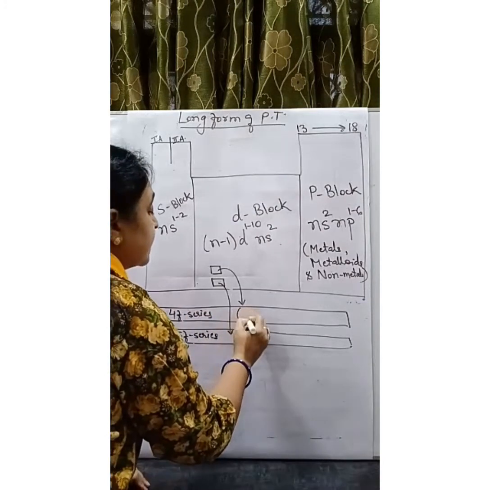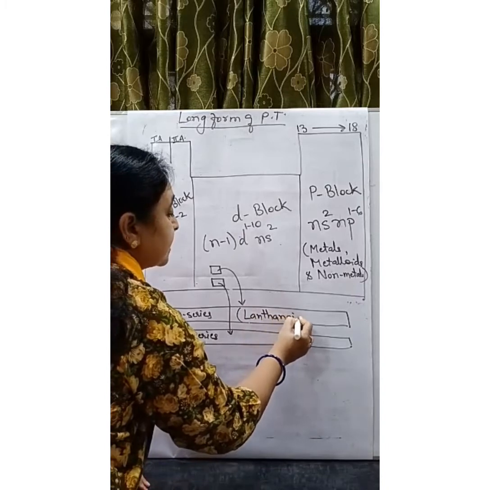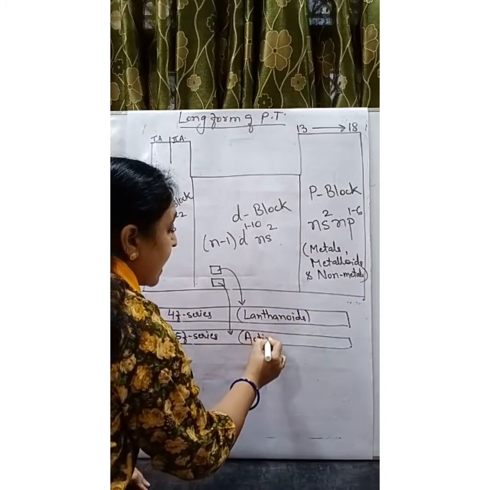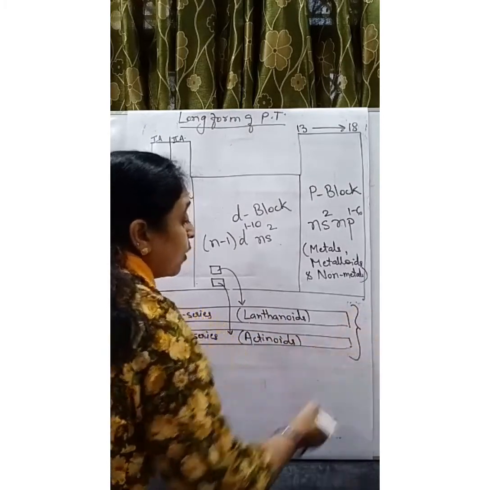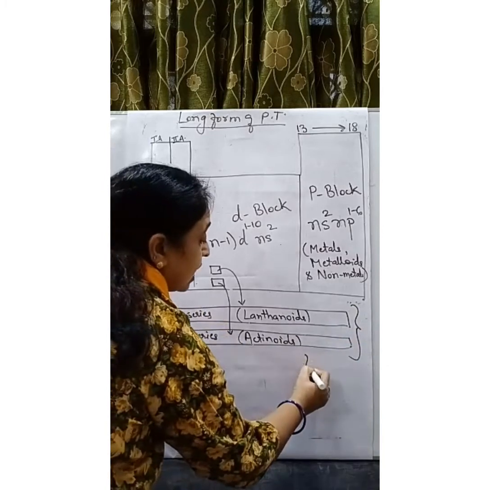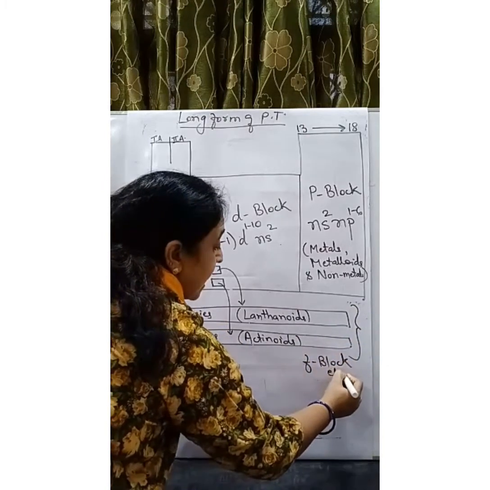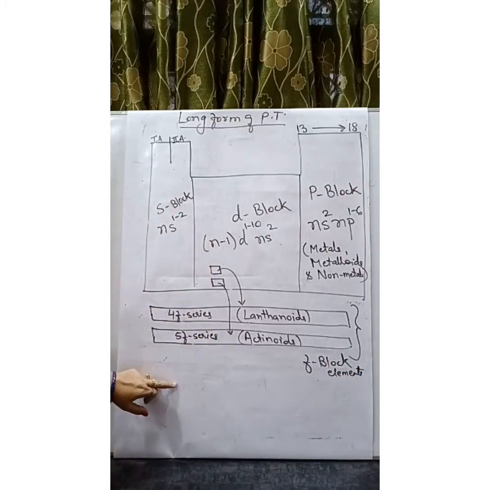Popularly, the 4f series is known as lanthanoids, and the 5f series is known as actinoids. Collectively, both these series are called f block elements, as the last electron enters into the f orbital.